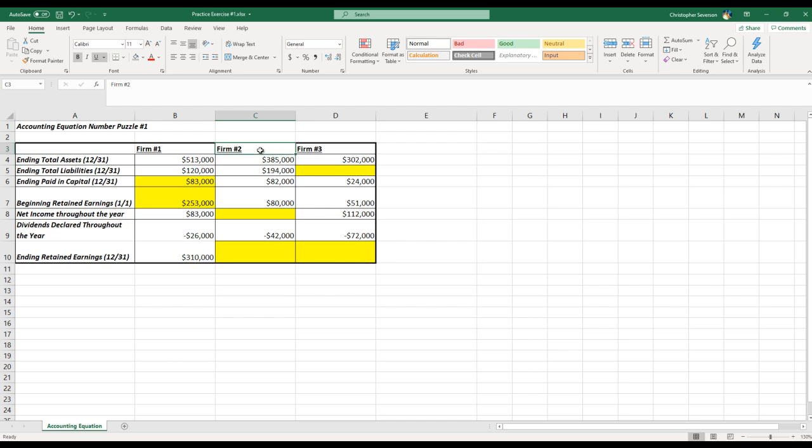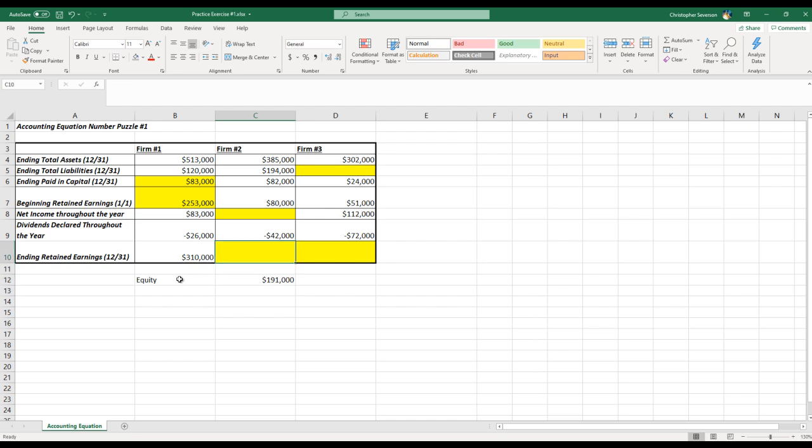With firm number 2, we're missing net income and we're missing ending retained earnings. We know that total assets minus total liabilities must equal total equity, but again, we don't really have a total equity line. We're going to put one down here, just like we did before. So total assets minus total liabilities, we know that equity has to be $191,000.